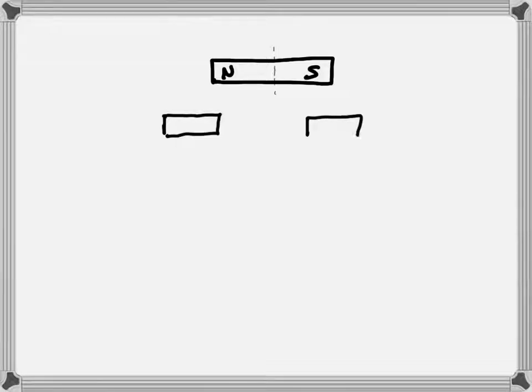Separate those two pieces. It turns out that what I get is a north and a south and a north and a south. So I cut a dipole in two and I just get two dipoles. If I try to do that again, however many times I do that, I simply get smaller and smaller dipole magnets. And so what this tells us is that it's really difficult to isolate a single magnetic charge or a single magnetic pole. It's difficult to get a monopole. And the reason for that is because of the nature of magnetism.